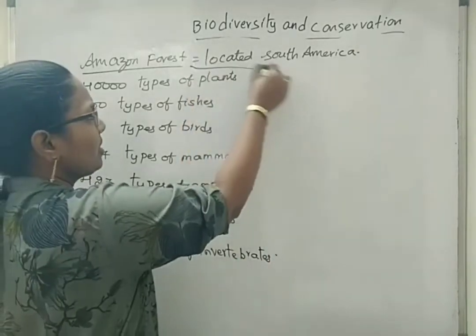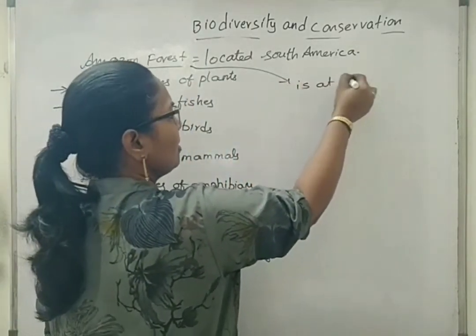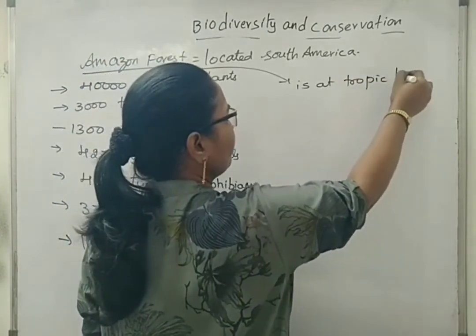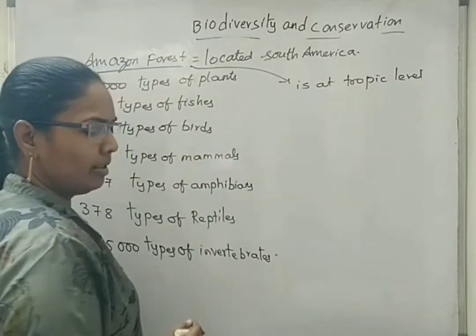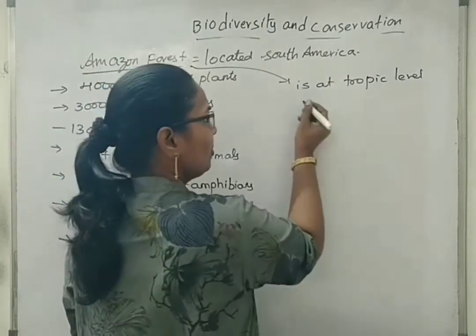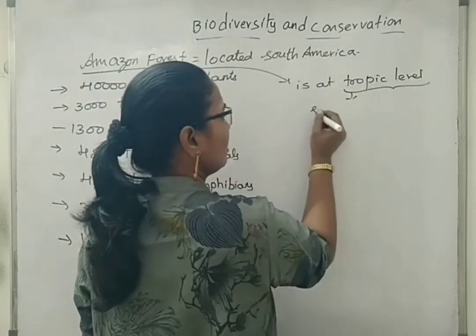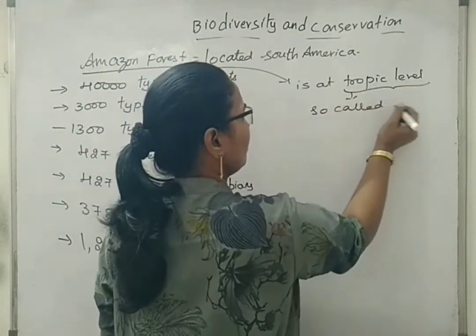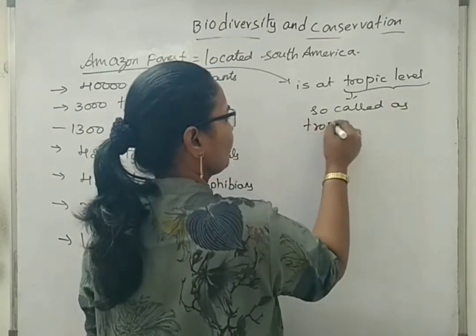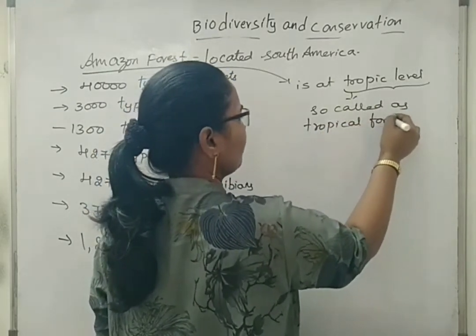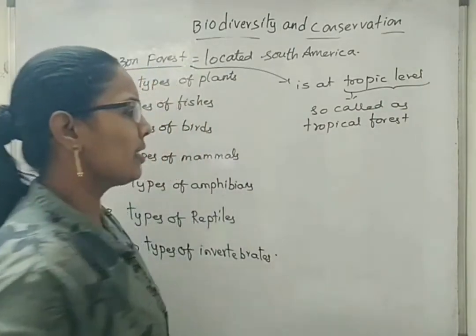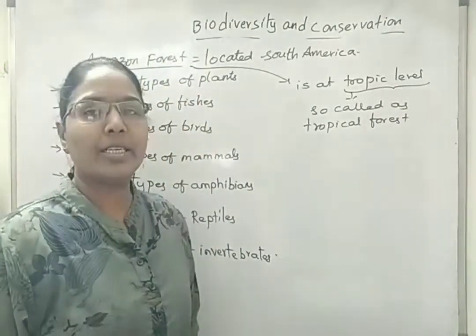This Amazon forest is at the tropic level, so it is called a tropical forest. The Amazon forest has rich species diversity.